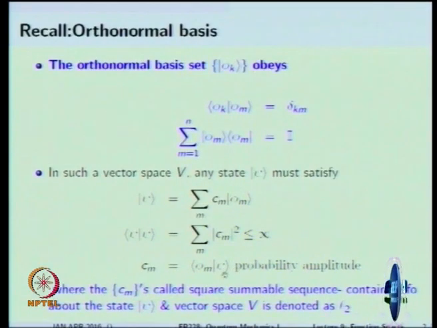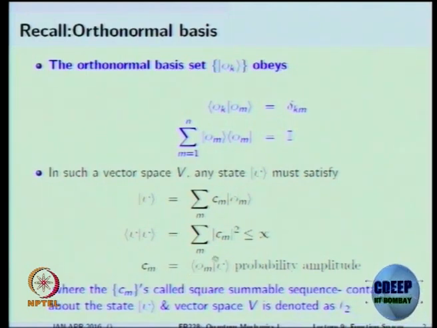In the literature, the Cm is the amplitude for finding the state in phi m, so Cm is what we call a probability amplitude, and mod Cm squared is what we call the probability of finding the state. We have done this in the wave function formalism.